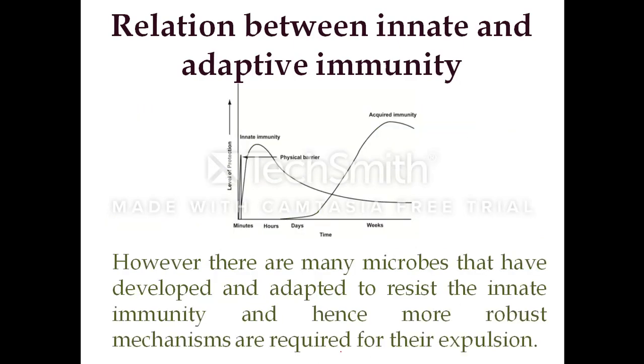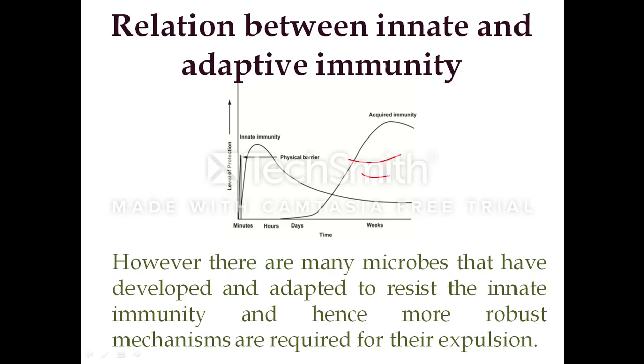This graph shows how innate immunity will be established in the organism and when acquired immunity will be activated. Innate immunity is the early response, has no specificity, has no memory and can act on any type of microorganism. Whereas acquired immunity is a delayed, late response and has specificity and memory.